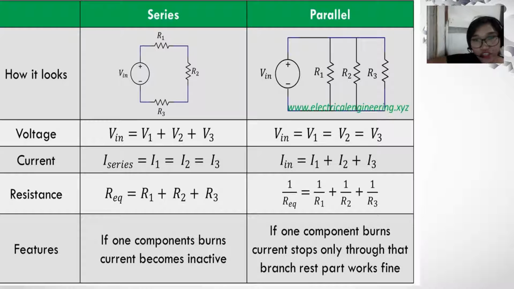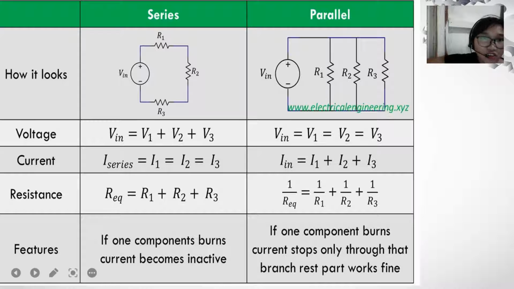In current, for a series, current is equal to current 1 is equal to current 2 is equal to current 3, because they are connected together, so they are all equal. While in parallel, as you can see, current in is equal to current 1 plus current 2 plus current 3, so they add up together and we can find the total current.